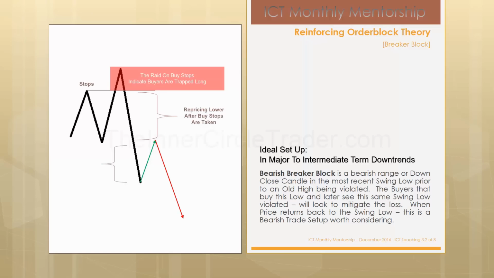The low that's violated here, once market structure is broken down, all future retracements will be viewed as new selling opportunities, especially once it trades back up to the low here. That gives us our bearish breaker.